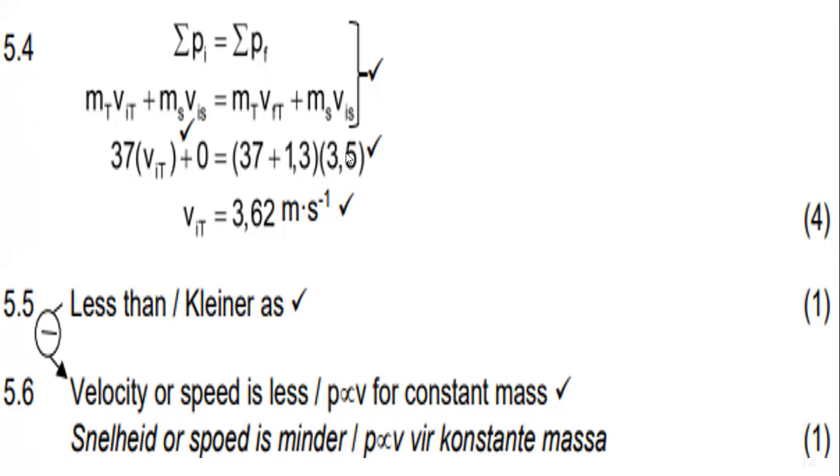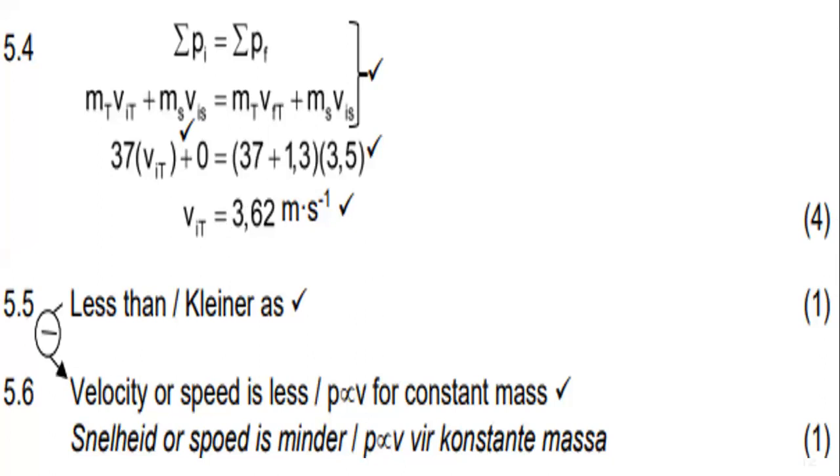And our velocity is a common factor, which is 3,5. Then in total, when we get the initial velocity of Thabo before colliding with the skateboard or before jumping onto the skateboard, we see that it gives us 3,62 meters per second altogether.